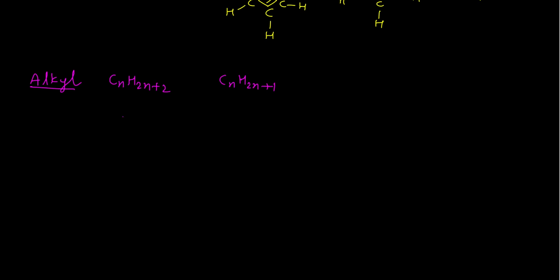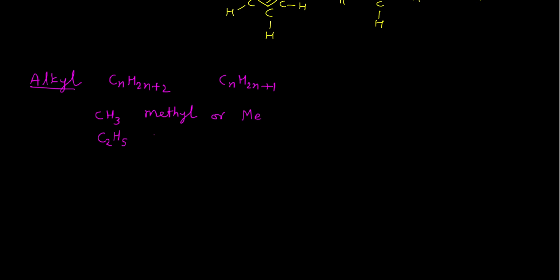So let's see a few examples. The first member we had was CH4, which was methane, but if you remove one hydrogen from here, you will get CH3, and this is known as methyl group. It is written as methyl, or sometimes it is also simply written as Me. Similarly, the second member of this family was ethane, C2H6, so the corresponding alkyl group will be C2H5.